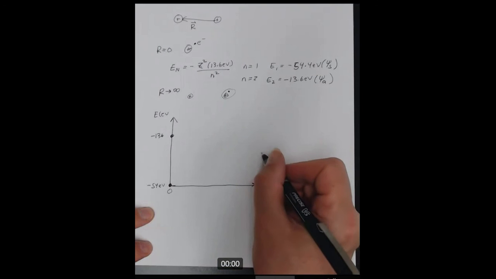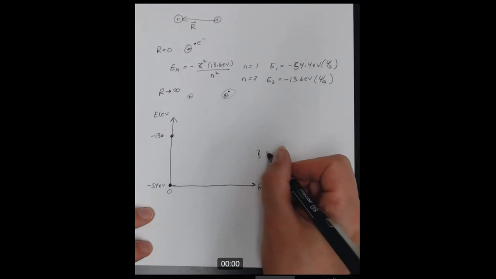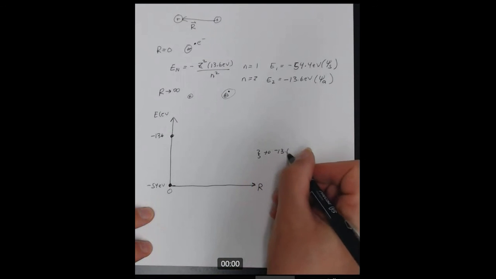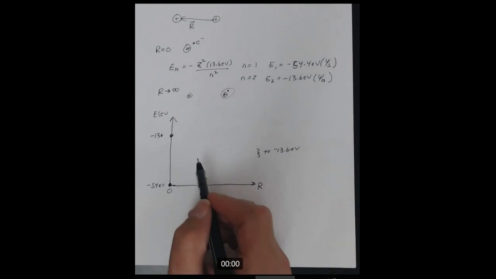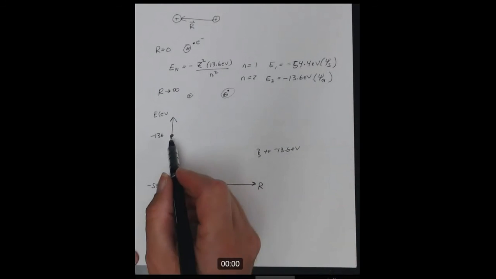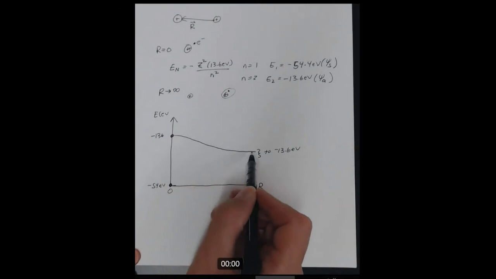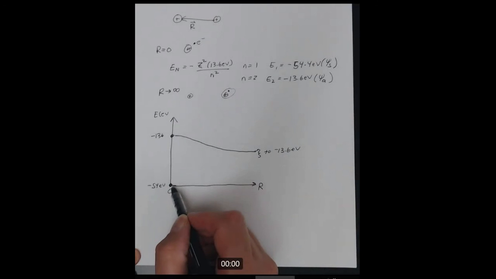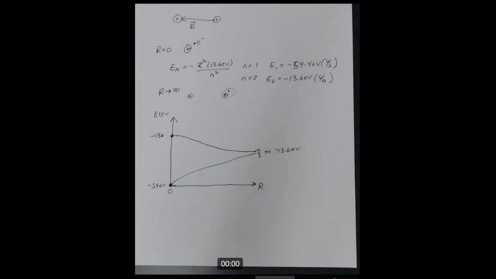And in the ground state, so when we go way out here, no matter where it started, we know eventually that when they get separated far enough, it has to go to negative 13.6 eV.